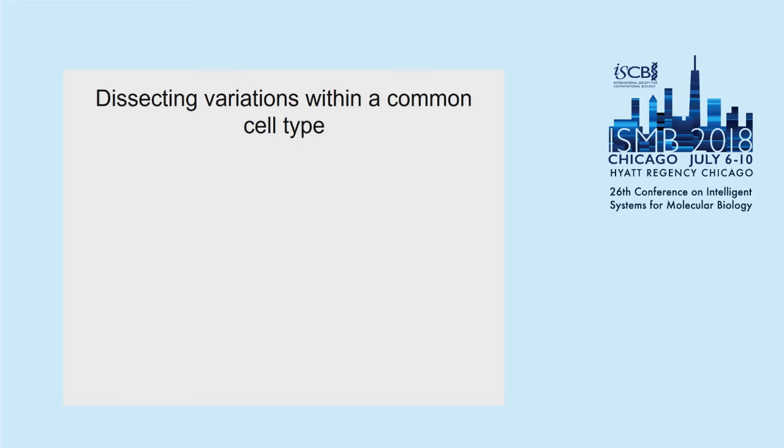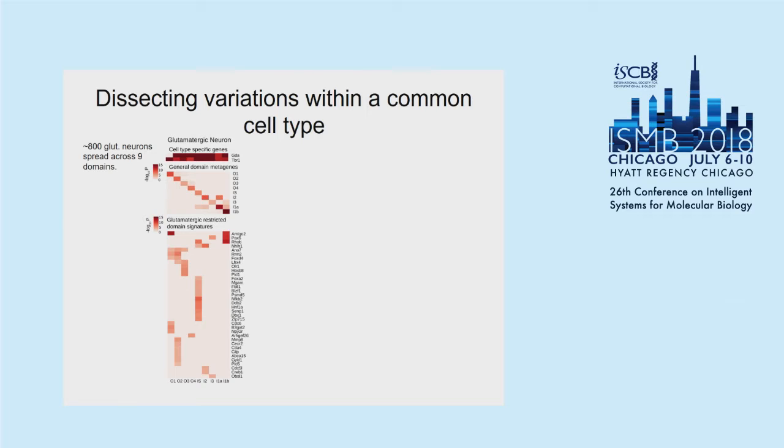So finally, I will show how we use the information between cell types and spatial domain information to dissect a common cell type called glutamatergic neurons. So indicated here are our glutamatergic predictions, over 800 of them. And they seem to divide into three groups. The groups of genes that are cell type specific, domain specific, these are expressions.